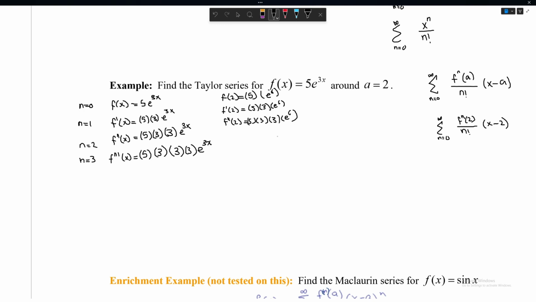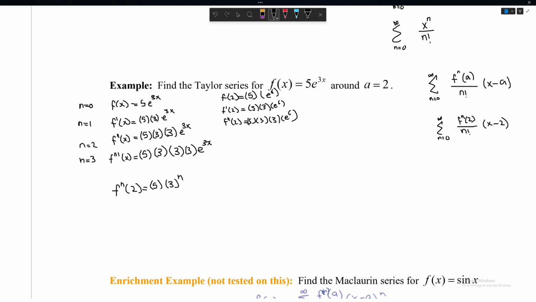Okay, so now that we have this, what we will say is f^(n) at 2 equals, what do we have? Every time it multiplies by 5. So my 5 stays, okay? But every time as n increases, my 3 increases. So what can we say? We can say 3 to the n, all right? Because when n is 0, this turns into 1, so it goes away.